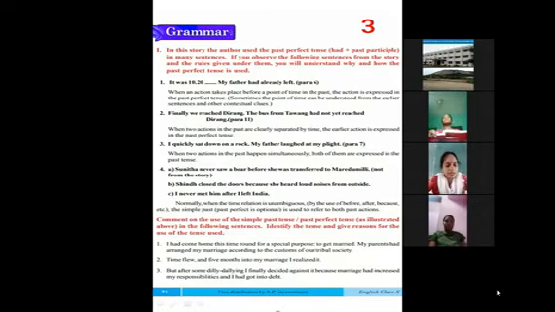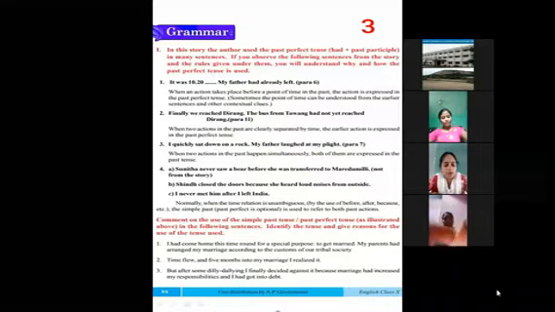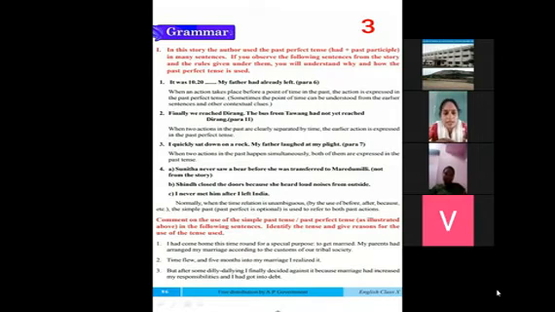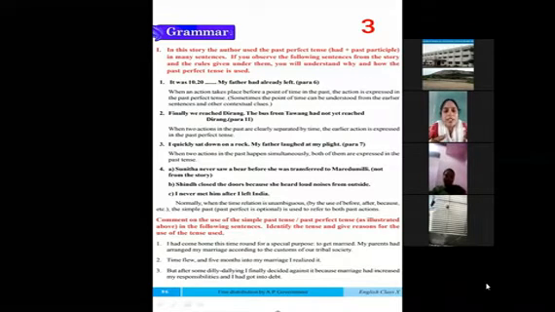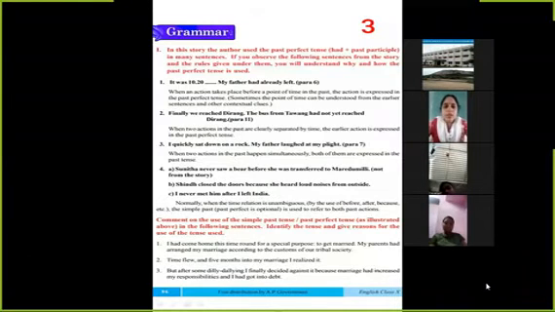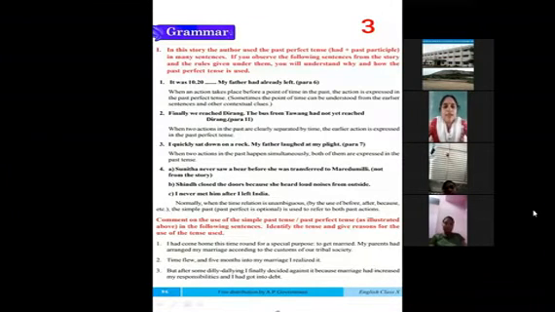Okay. Next, the third point. I quickly sat down on a rock. My father laughed at my plight. Here also you can observe two actions completed in the past. In the previous point we discussed that for the first completed action we use past perfect, and for the second we use simple past tense.